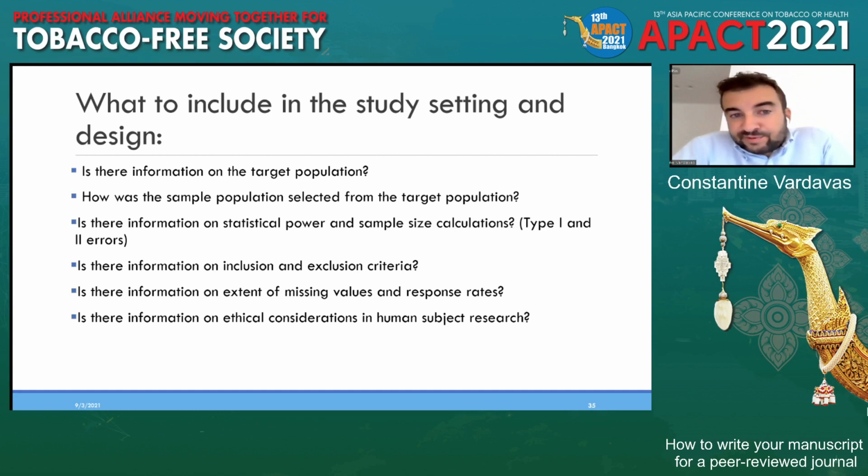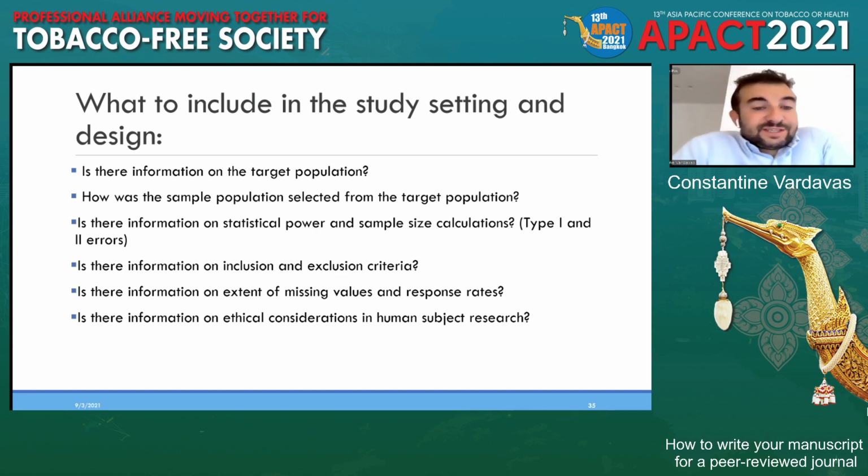The sample population are those that were sampled, because you can't get everyone from the whole of Greece, Italy, Thailand, Malaysia, or China to respond to a questionnaire. It's impossible. So you have a sample, people purposely selected to respond to your questionnaire. How are these people selected?